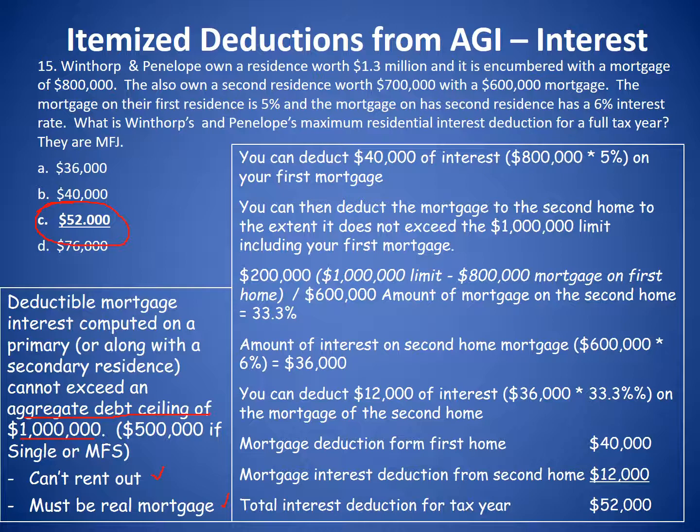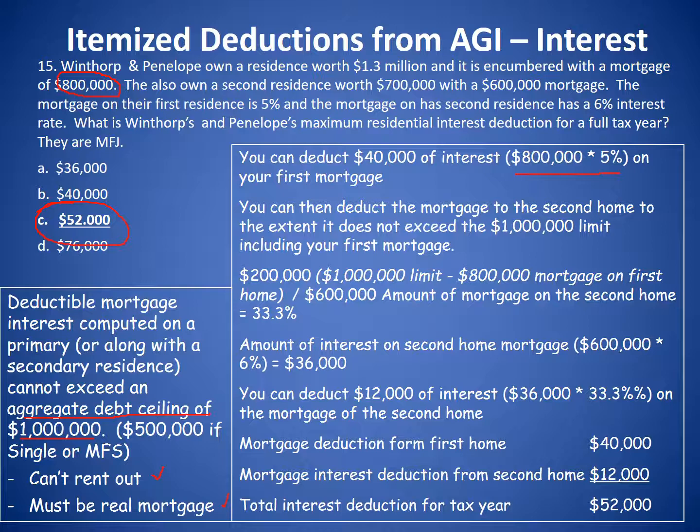First of all, you know you can deduct $40,000 of interest because that's $800,000 times 5% on your primary residence, your first mortgage.